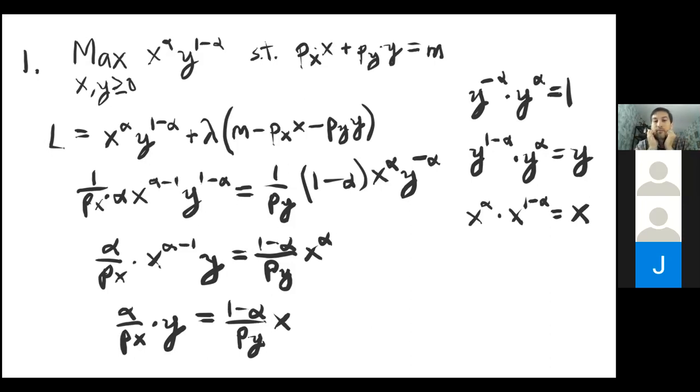What's my next step? I'm going to change color. Let's go back and think about what we're going to want to do, which is plug this stuff back into there. We're going to want to find an expression that we could easily plug back in. How about instead of solving for y, I solve for py times y.